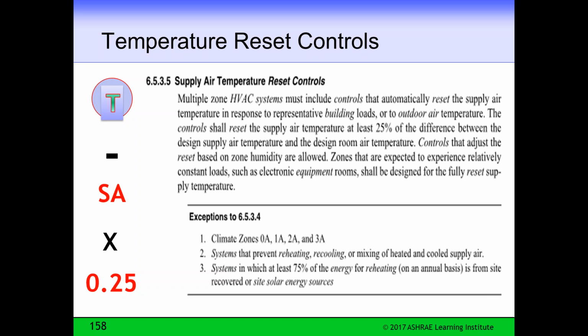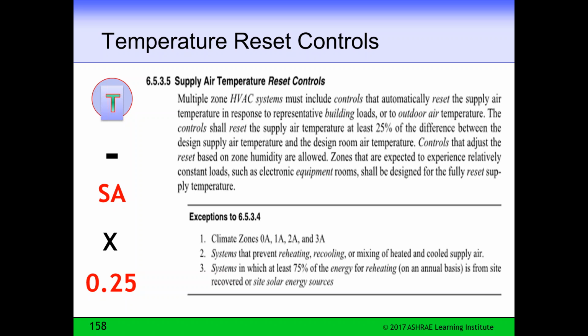Suddenly we reset and now it's a 15-degree delta T, so I'll need more CFM. So you have to make sure that box was sized to cool the room at 15-degree delta T, not at 20-degree delta T. That will require you to have more CFM in the room. Your trunk duct might need to get bigger and your box might need to get bigger. So the reset can have an impact on first cost.